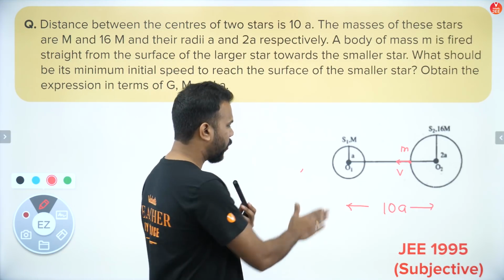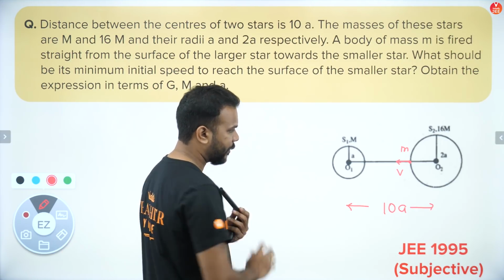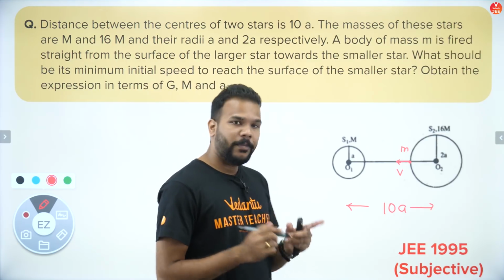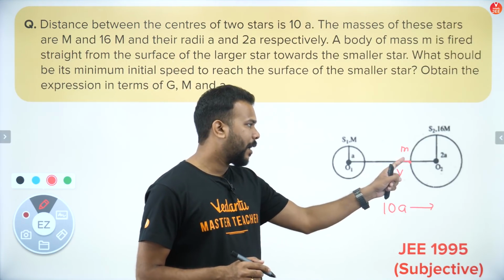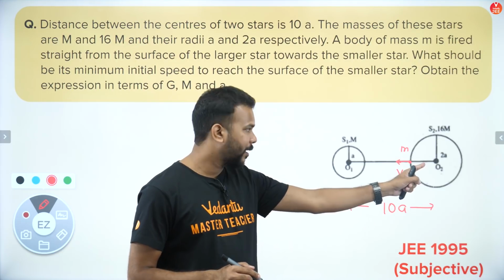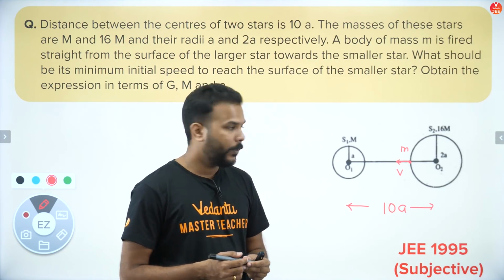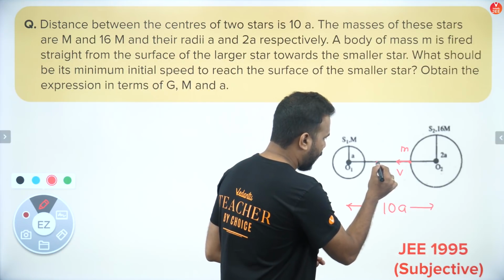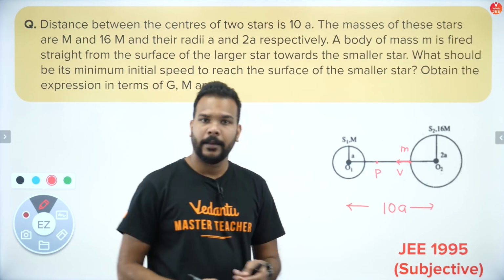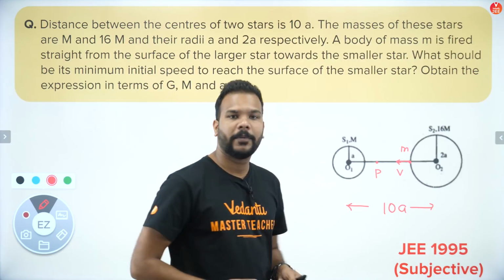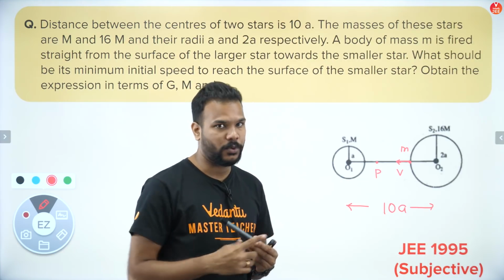In that case, you will eventually be making a mistake here. The reason being, you will be forgetting that when the mass starts from the surface of the bigger star and finally comes to the surface of the smaller star, till a point in between, let's call this point P, it is under the influence of the gravitational field of star S2.